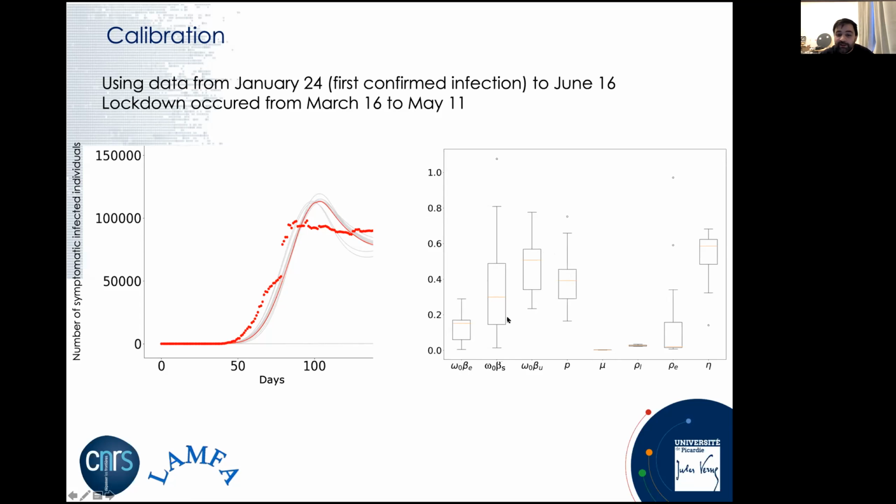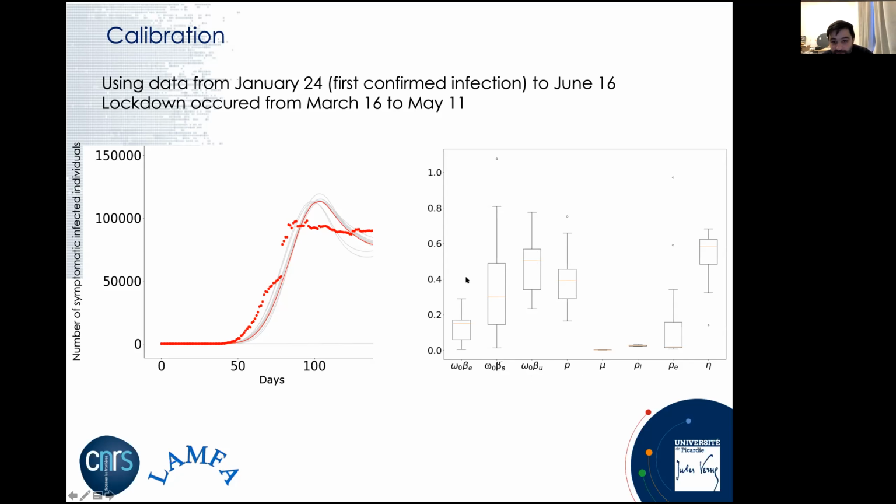It's quite difficult to say what is coming from symptomatic and what from asymptomatic. Sometimes you can have a curve saying that most of the disease is given by one or the other. But if you look at the mean, most of the disease is transmitted by asymptomatics and not symptomatics.